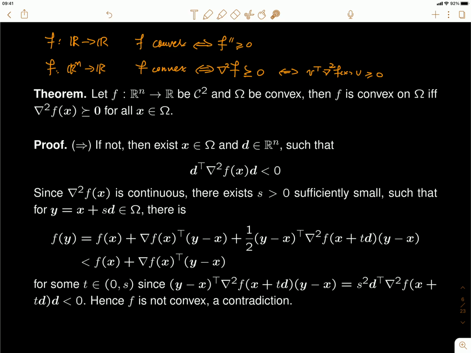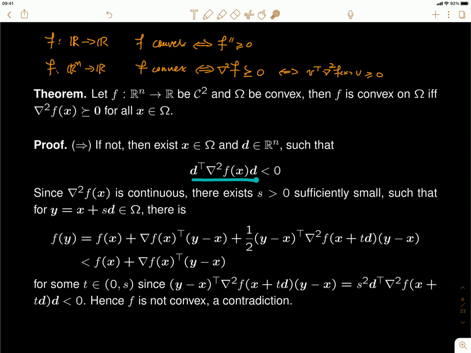Okay? And because f is in C2, the Hessian is continuous in x, and this function is a continuous function of x.